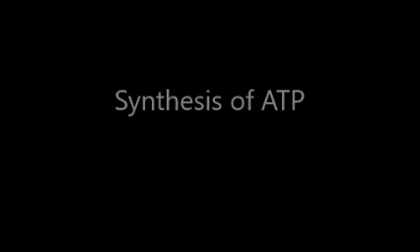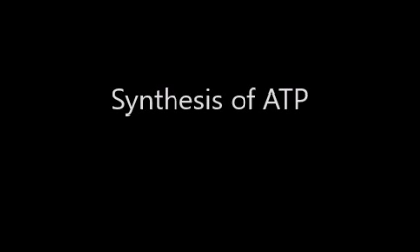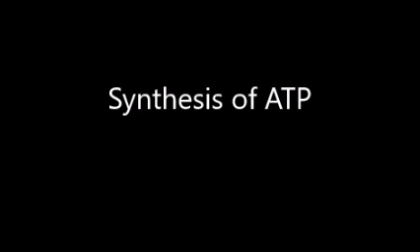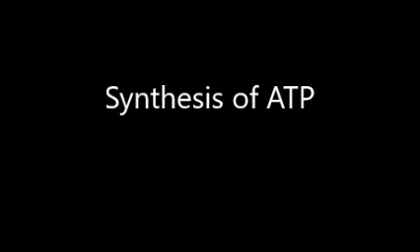In this lecture, I'm going to discuss how ATP synthesis takes place. The chemiosmotic model, proposed by Peter Mitchell, explains how the concentration gradient of protons is transformed into ATP.